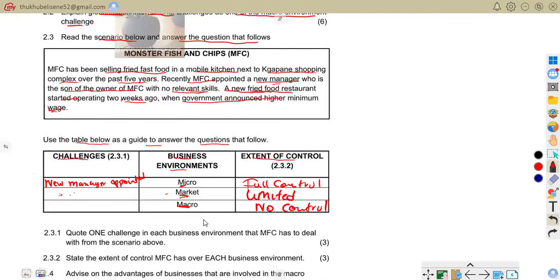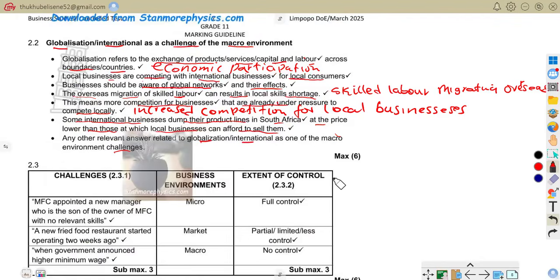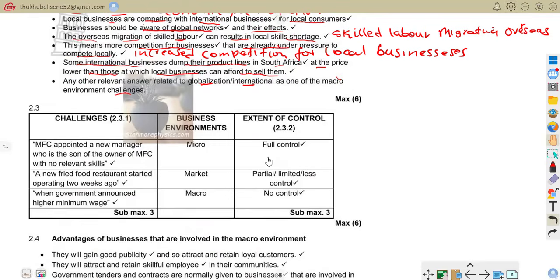Let's just see those answers. Here are the answers that we are talking about. From our scenario, MFC has a new manager who is the son of the owner, and that new manager is without relevant skills.